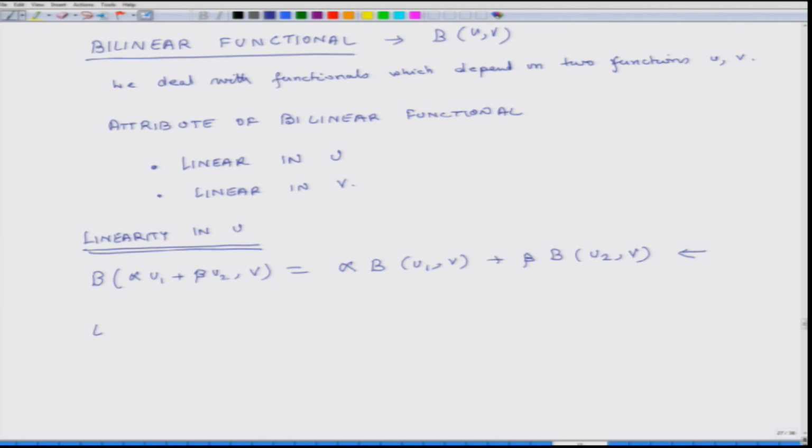And the condition for linearity in v is a very similar formula.